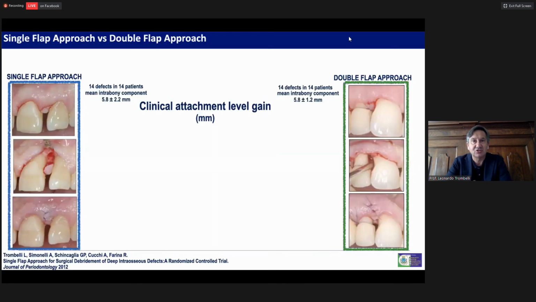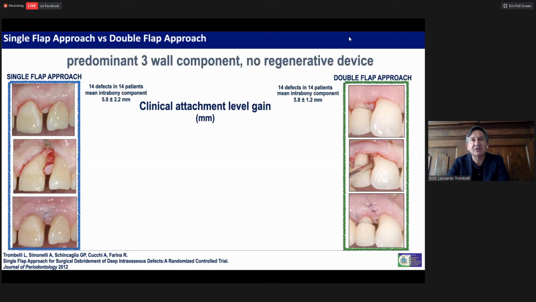And finally, just to conclude, let me give you 2 examples. One comes from a randomized controlled trial published in 2012, where we compared 14 defects in 14 patients with a single flap approach and 14 defects in 14 patients with a double flap approach, meaning the papilla preservation technique.